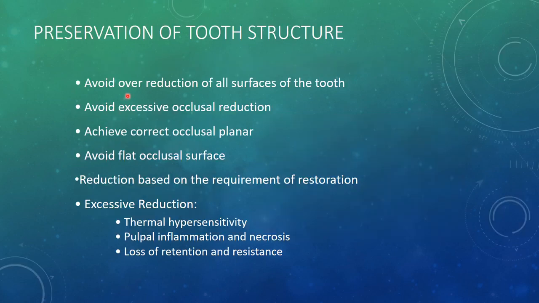Under the preservation of tooth structure, there are certain important points: avoid over reduction of all surfaces of the tooth, avoid excessive occlusal reduction, achieve correct occlusal surface, avoid flat occlusal surface, and do reduction based on requirement of restoration.